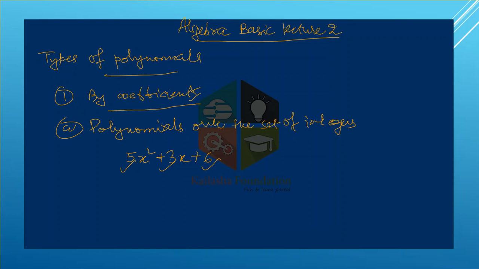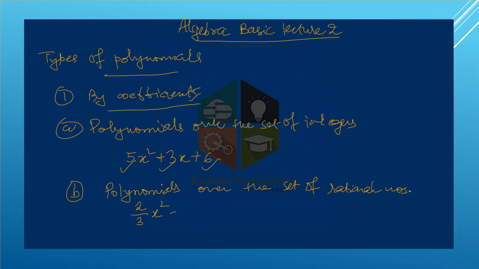If we allow fractions also as coefficients, then polynomials over the set of rational numbers. Okay, if we allow fractions also, that means 2 by 3x square minus 4 by 5x plus 6 by 7, or say it is 6 only.